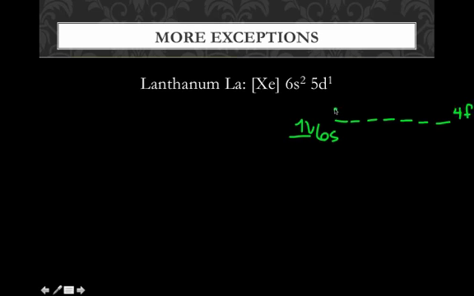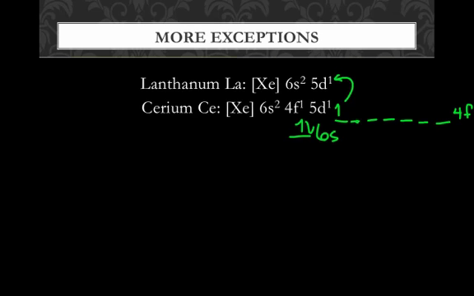And so what lanthanum does, rather than sticking this one electron into the 4f, puts it in the 5d. Kind of weird, huh? 5d fills before the 4f, but then we don't put 2 electrons into the 5d. We put one in the 5d and one in the 4f for cerium. That's a crazy looking exception.